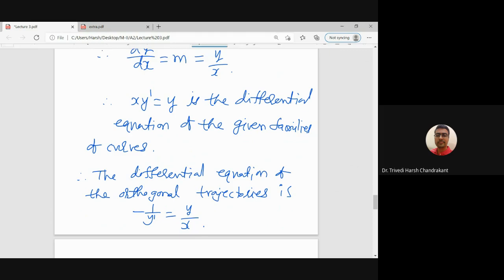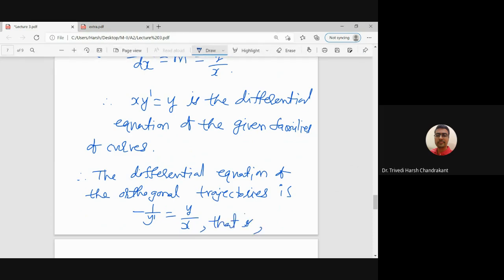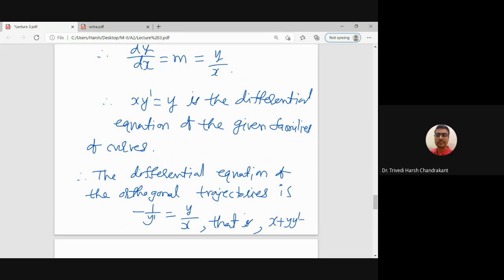In other words, that is x plus y y dash is equal to 0. So this is the differential equation of the curves which are orthogonal to the lines. Now we will solve this differential equation and extract the curve which is orthogonal to the lines.